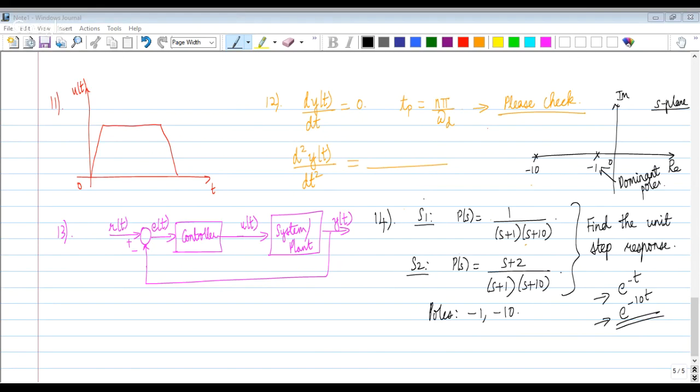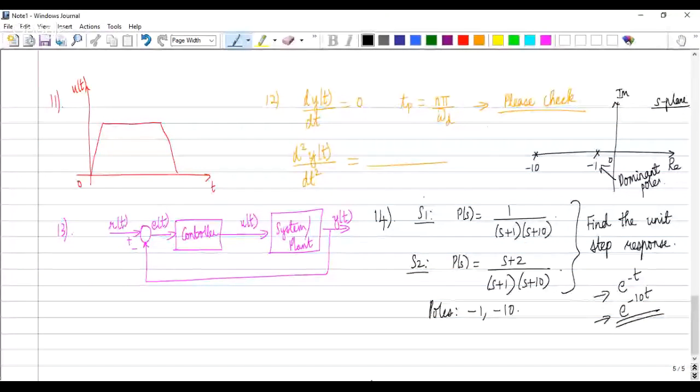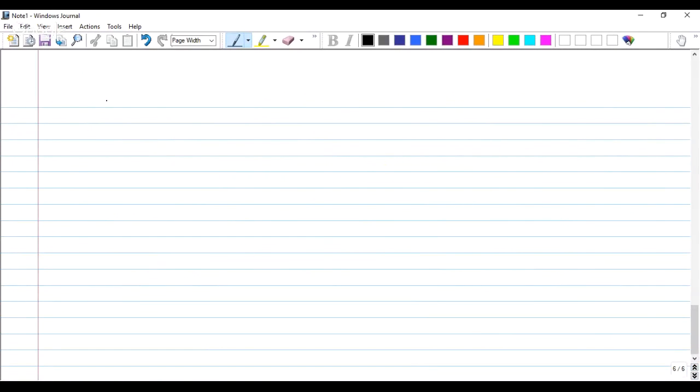The next question is, can you explain more about pole zero cancellation and the effect of a zero located in the vicinity of the imaginary axis? Let me take an example and tell you in more detail what pole zero cancellation is, and when it can create a problem.